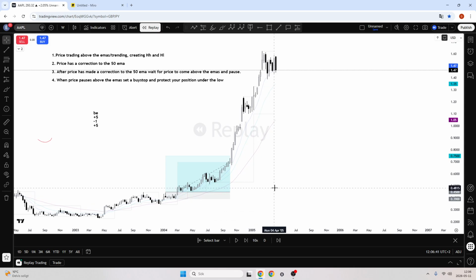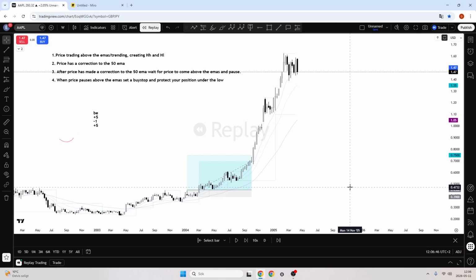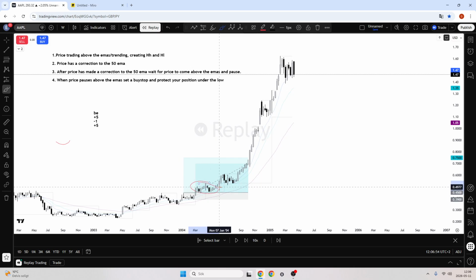And when you're doing this backtest with, let's say, a new system, you would start to notice things as well. If you guys have noticed, the market now has been creating these little pauses on the 5-10 EMA, as you guys can see. So this is an opportunity for you as well to make money on, right?